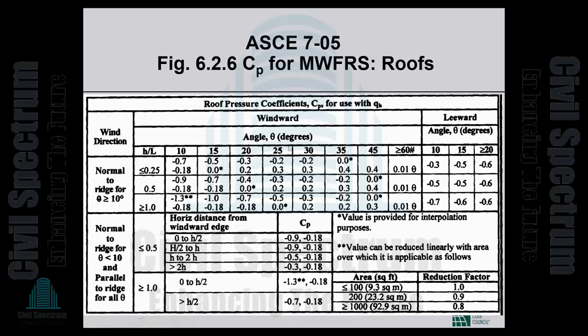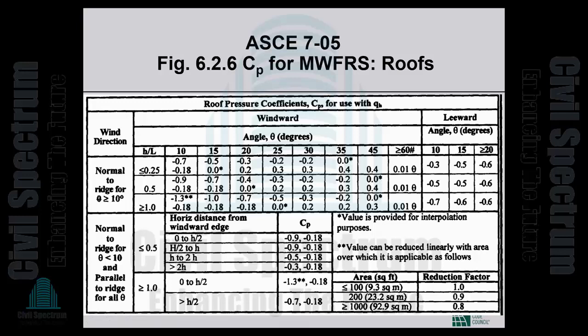Okay, the pitch of the roof is here, and the mean roof height to plan dimension parallel to the wind is this parameter. Okay, so the C sub P will depend upon the angle of the roof and the mean roof height to plan dimension ratio, plan dimension parallel to the wind.